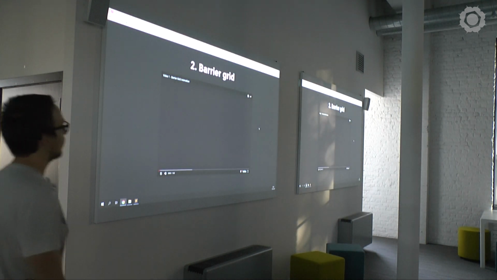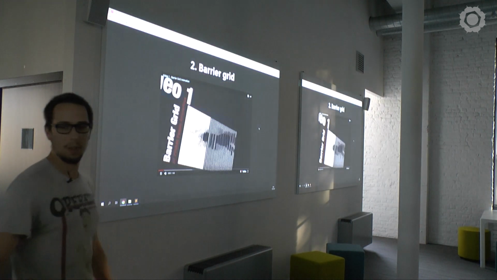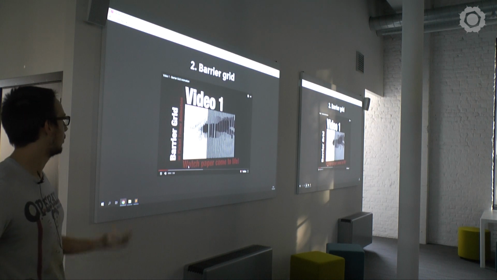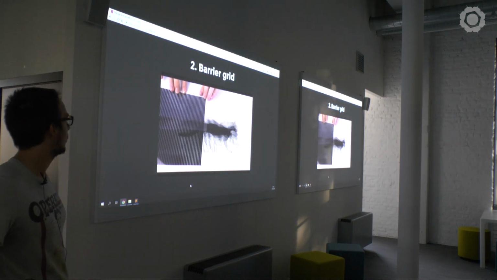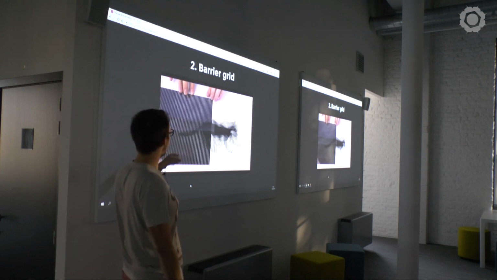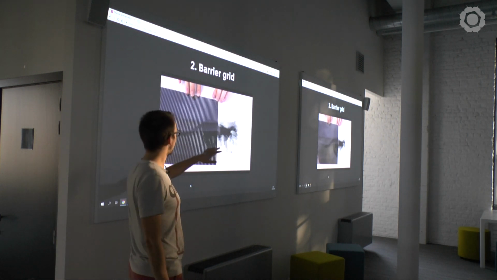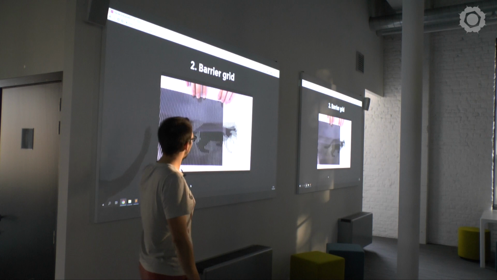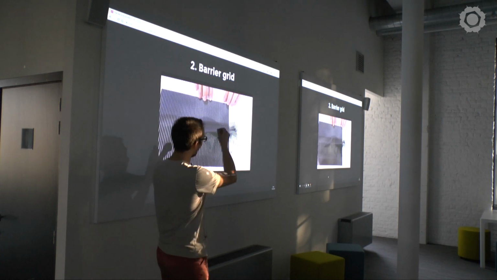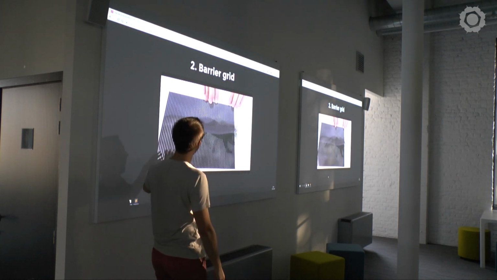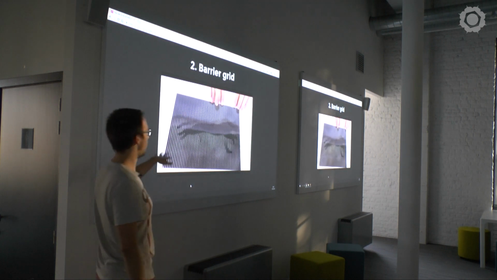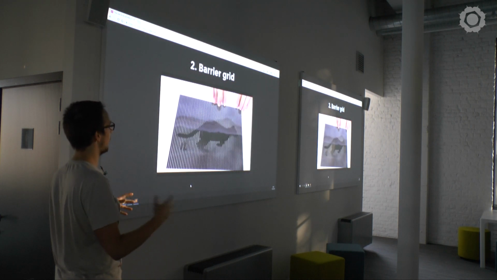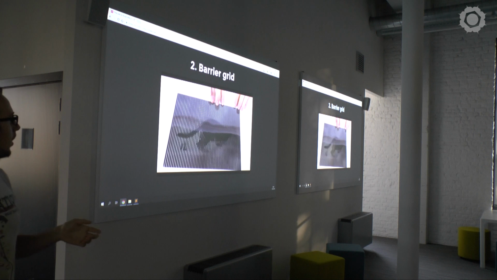The barrier grid animation: maybe you had a book like this, or if you have kids, maybe you have one of those books. The principle of the animation is that we have frames that you cut into small stripes, and when you move a big paper with all the black stripes, it starts to move.